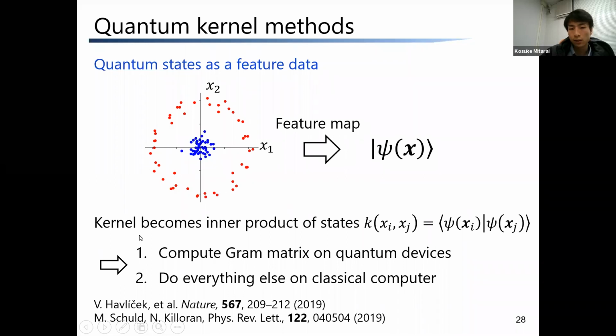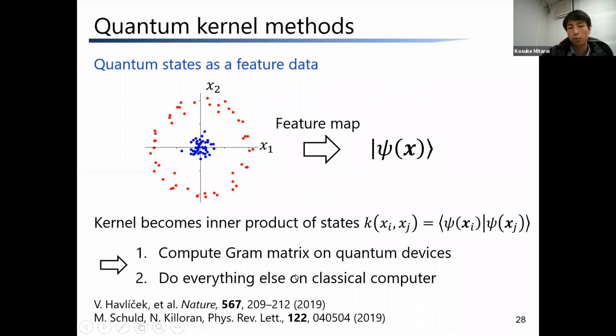In this case, the kernel becomes the inner product between the states. So you can compute this inner product between all pairs of training data on the quantum devices and do everything else classically, like calculating the inverse of the gram matrix.